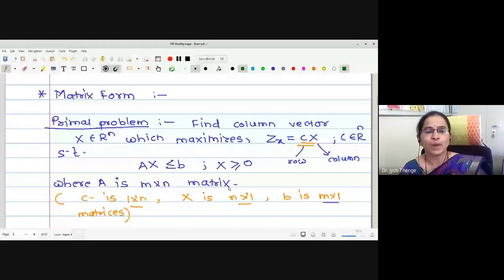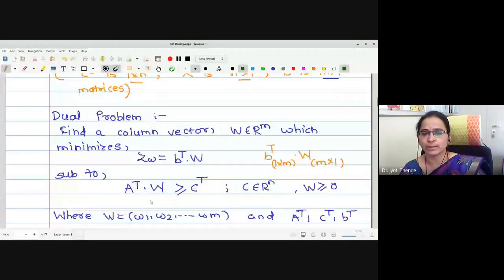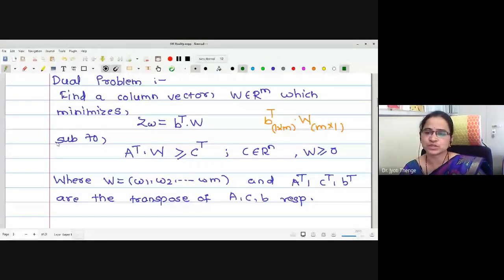Then later we have seen the matrix form of the given LPP as well, matrix form of the primal and the matrix form of the dual. While writing the matrix form of the dual problem, instead of writing bw only, we have written b transpose w. I have explained already why there is necessity to write the transpose. Similarly, while writing the constraints also, we have written A transpose w greater equal c transpose.